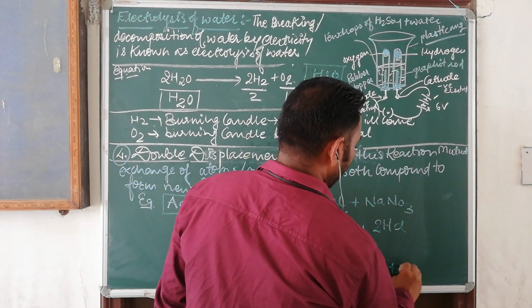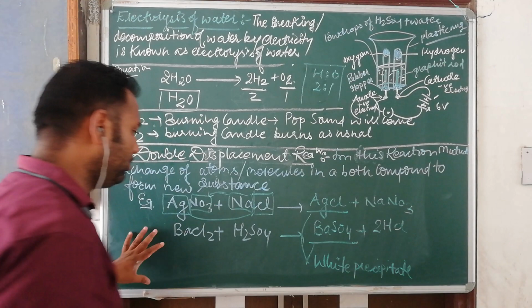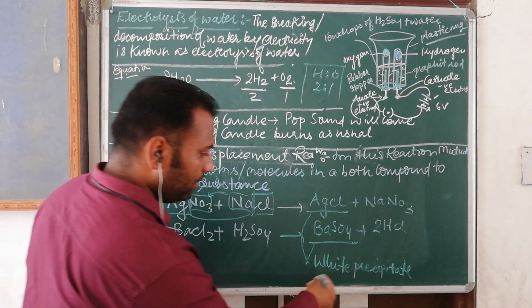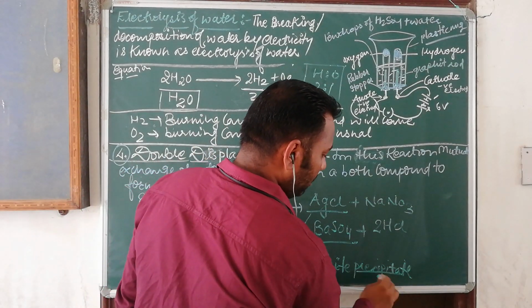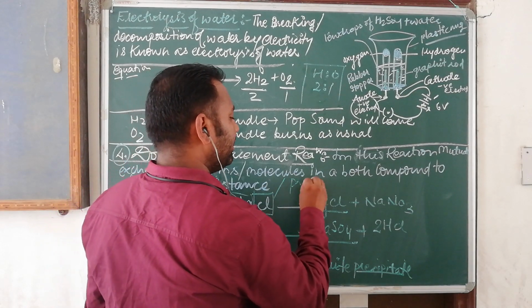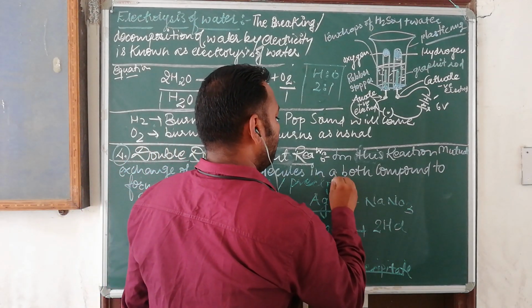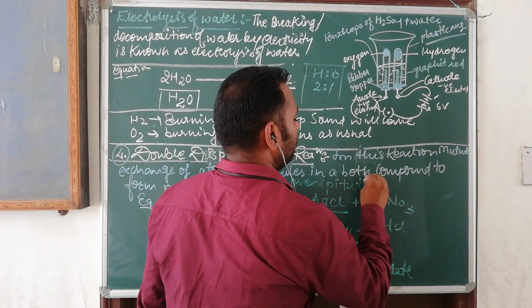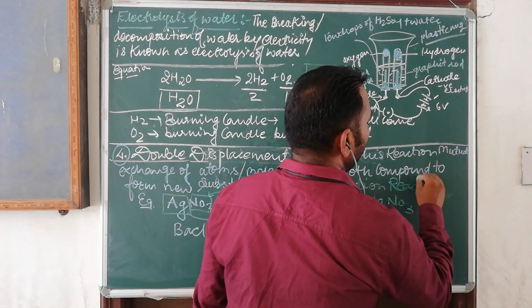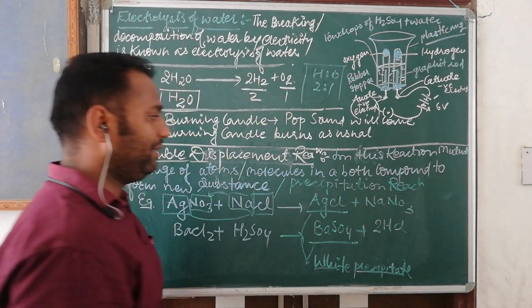First you have to write this down. Because of this white precipitate, we also say this is a precipitation reaction. That's why the double decomposition reaction is also known as a precipitation reaction.